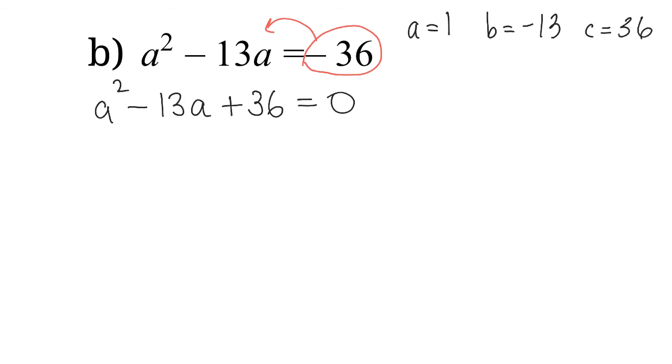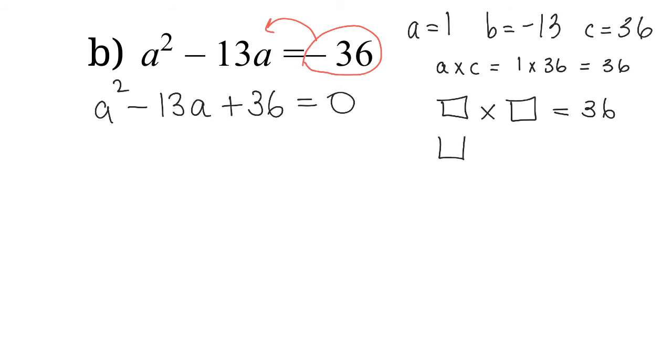I need to take my a value and multiply it by my c value. So for us, that's 1 multiplied by 36, which is 36. So I need 2 numbers that multiply to give me 36, but those same 2 numbers need to add together to give me my b value, which happens to be negative 13.